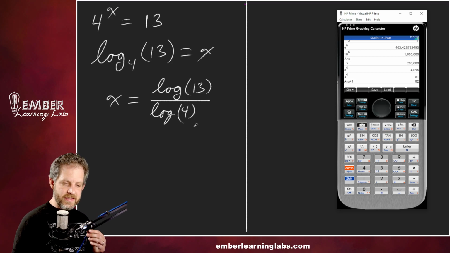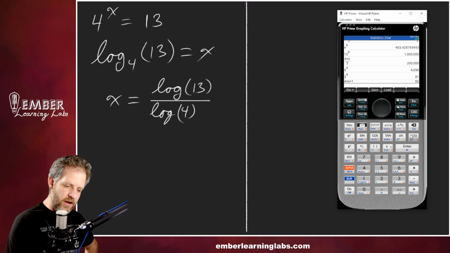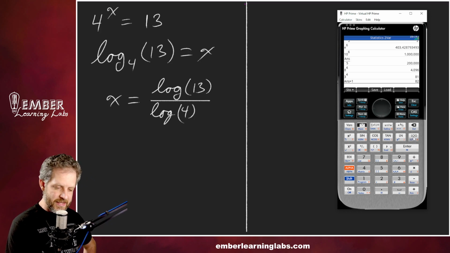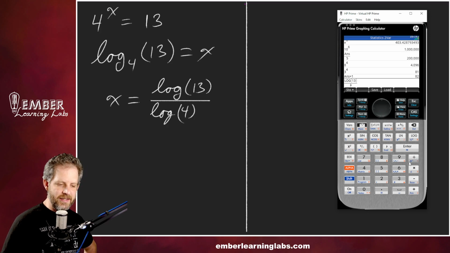Now that we can punch into our calculator. On this HP Prime graphing calculator, it's going to be real similar on a TI-84 or whatever else. On this calculator, we're going to find our log button, and we're going to hit log of 13. Now we've got parentheses here. We can go outside of that parentheses, hit divide, and do log of 4 and hit enter.